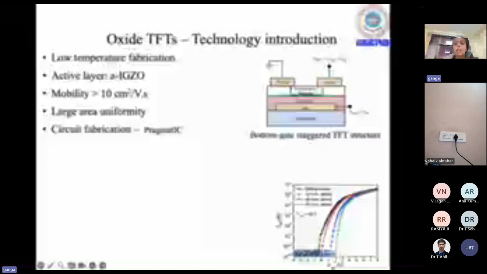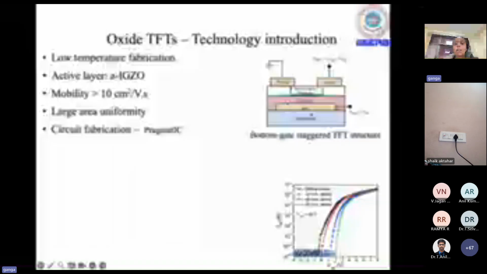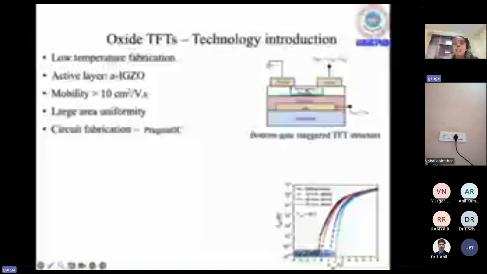And then there is a semiconductor, and source and drain are placed on top of the semiconductor. So now when we apply positive voltage to the gate, electrons are going to be attracted towards the dielectric-semiconductor interface. And when we apply positive voltage at the drain, the electrons are going to be drained out and we can see a current flow. Basically, this is a field effect transistor and we call it a bottom gate staggered TFT structure.